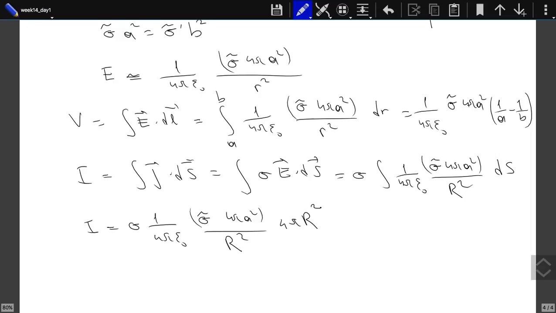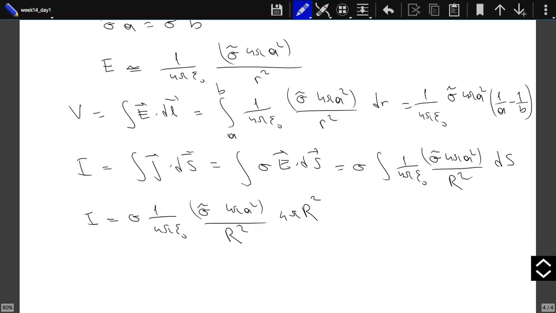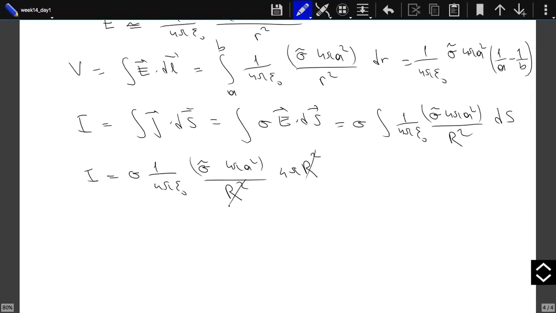And as you see, the R squares cancel. Hence, again, the current is independent of the radius of the sphere over which I'm evaluating this current, as it should be. So we obtain sigma tilde times 4 pi a squared, and this is equal to I times epsilon 0 over sigma.